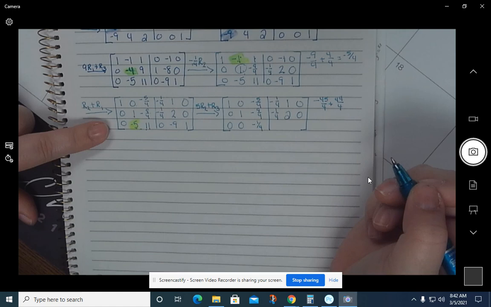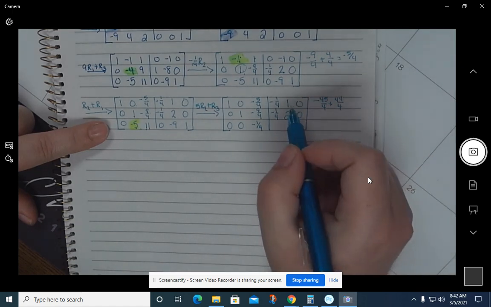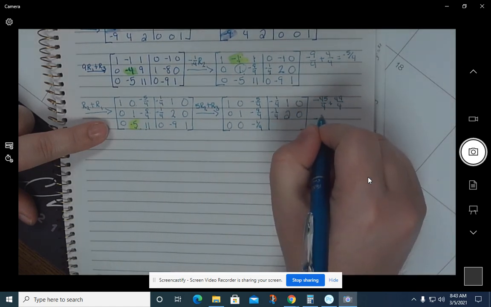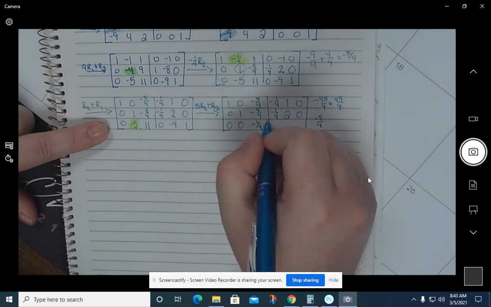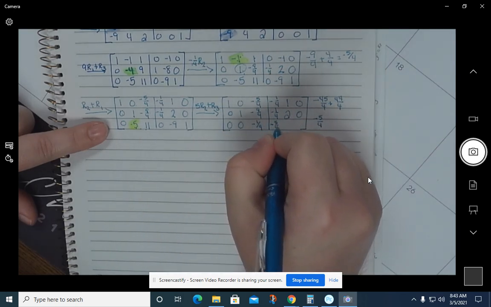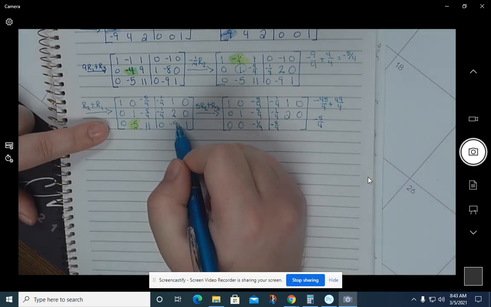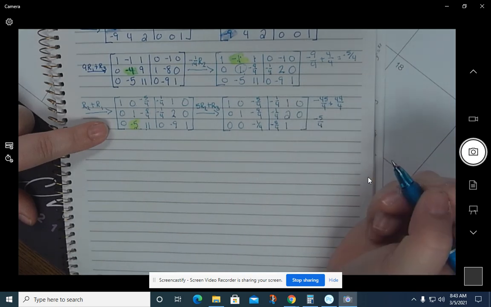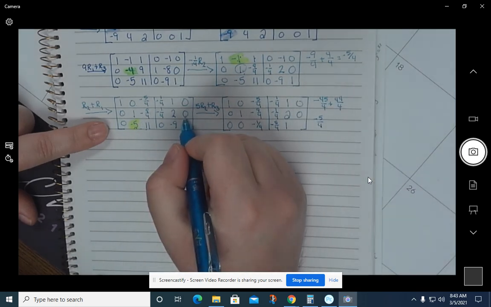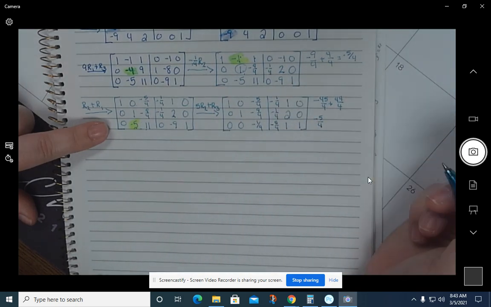So that's negative 1/4. 5 times the negative 4th would be negative 5/4 plus 0. So it's just going to be negative 5/4. 5 times 2 is 10 minus 9. That's 1. 5 times 0 is 0 plus 1 is 1.